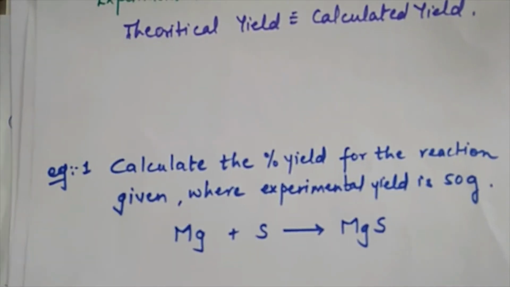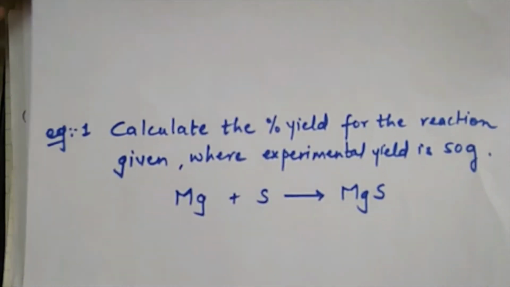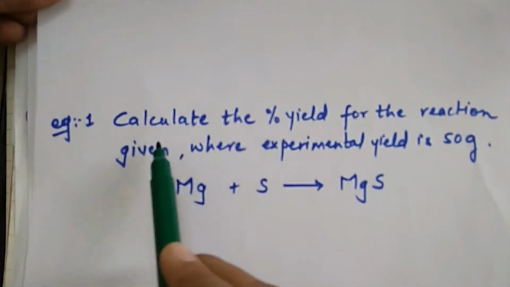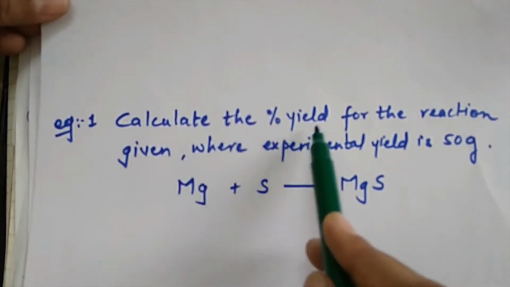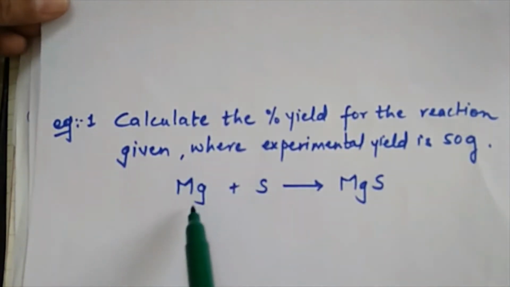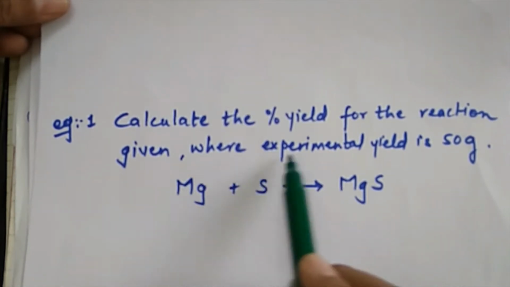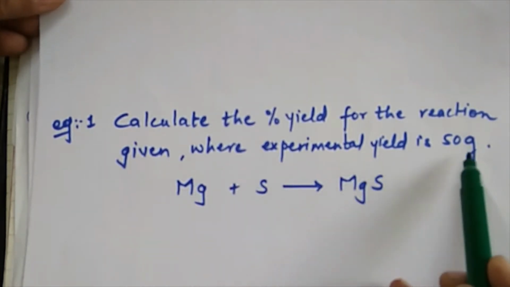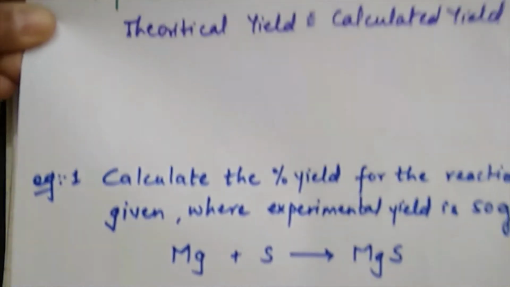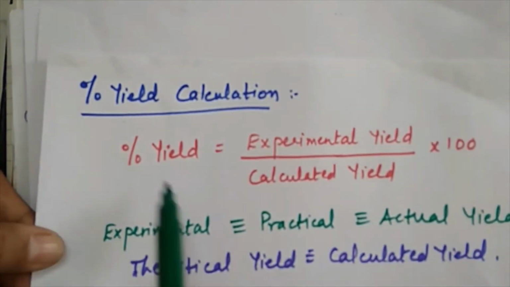So let us understand this with one example. The question is: calculate the percentage yield for the reaction given, Mg plus S gives MgS, where the experimental yield is 50 grams. The formula that we will use is this one.